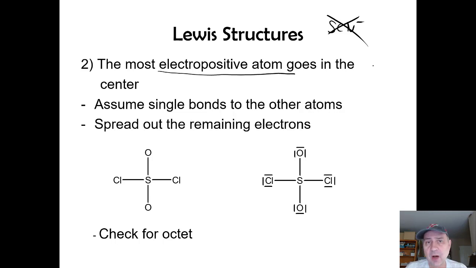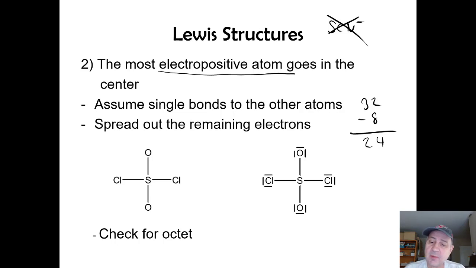Then you assume a single bond between the remaining atoms, which, in this case, we've made 4 bonds, so that consumes 8 electrons. So we had 32 valence electrons. We've used 8 up for that, which leaves 24 remaining electrons.